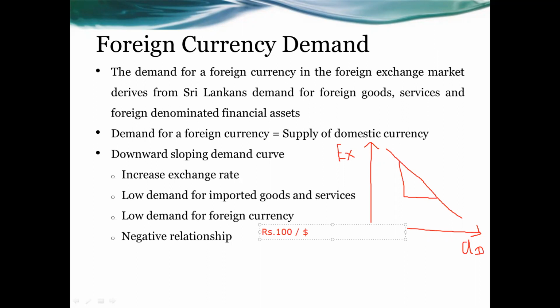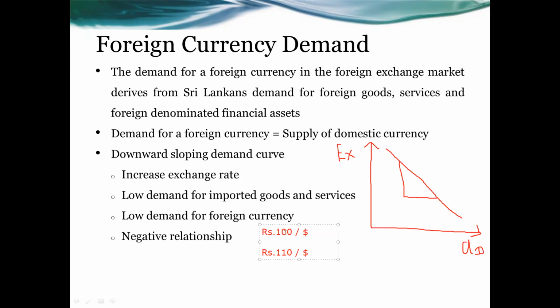That means per dollar, we value it at 100 rupees. Now, this exchange rate changes due to some reasons, which we will discuss later, from 100 rupees to 110 rupees. රුපියල් 100 ඉඳලා 110ට per dollar exchange rate වෙනස් වෙනවා.